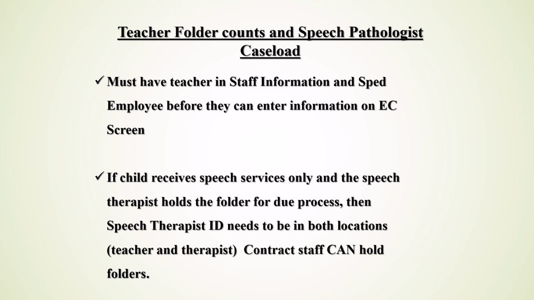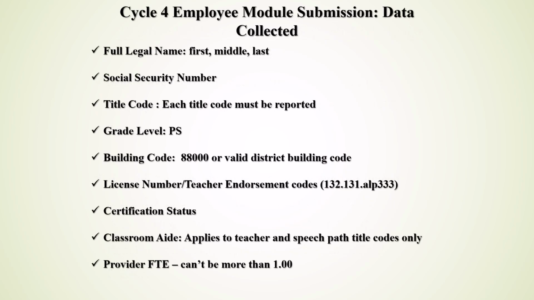School districts should make contract staff inactive in the building tab in staff information, as they are not pulled for Cycle 2. Special ed data can still be entered and will be pulled for Cycle 4, though they are inactive in the building tab. These are the fields that are pulled for employees in Cycle 4.